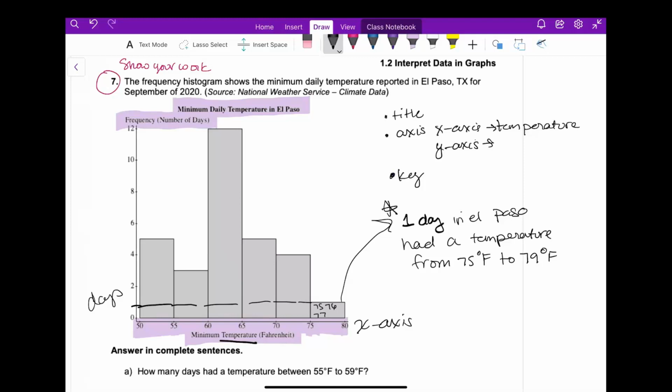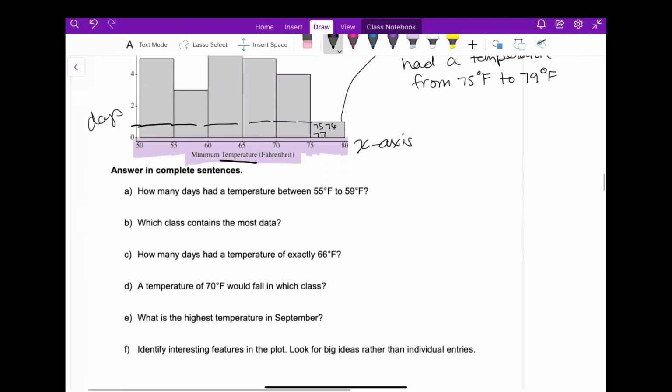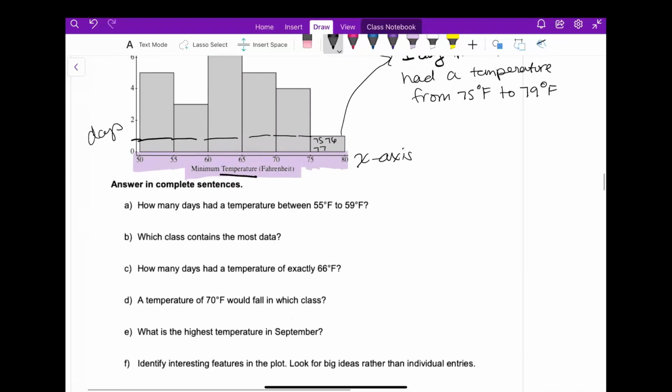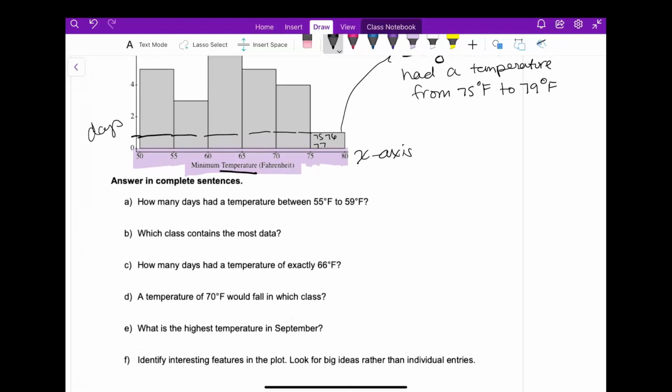Awesome. I feel ready to get my question started. So I'm going to pick and choose, especially because there's only one question. So let's pick and choose which ones I'm going to answer with you, okay? How many days had a temperature between 55 to 59? So I'm going to look in here, and I know that's this bar right here.